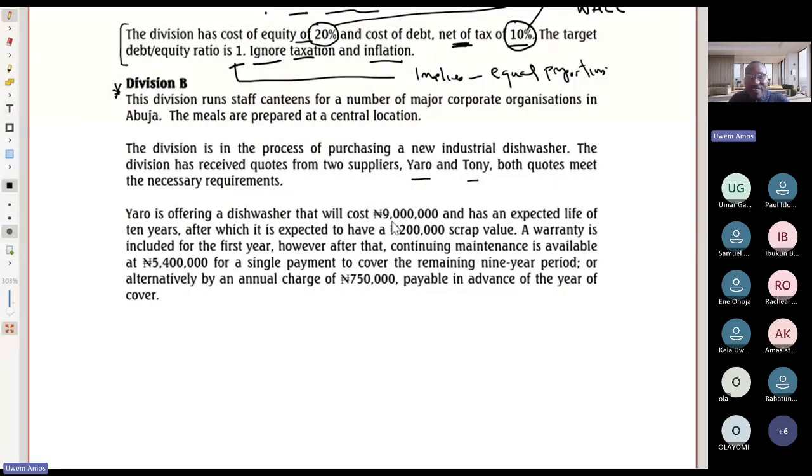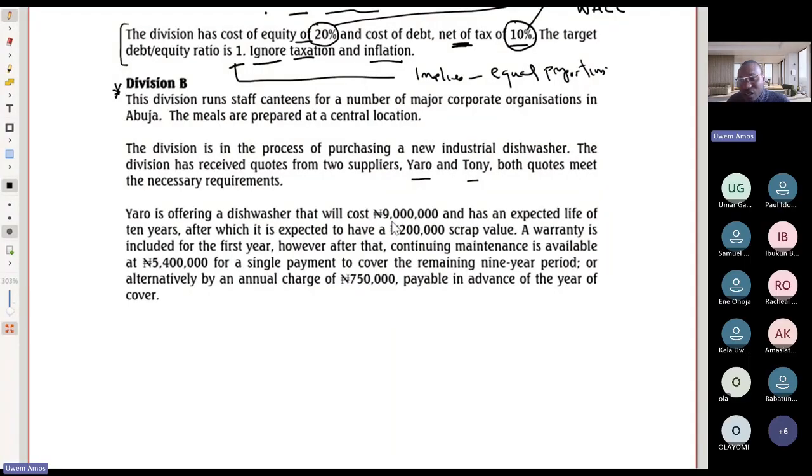So that's the first guy saying, I'll give you a dishwasher, you're going to spend 9 million, and it has a life of 10 years. In the 10th year, you scrap it, and you're going to get 200,000 from it.